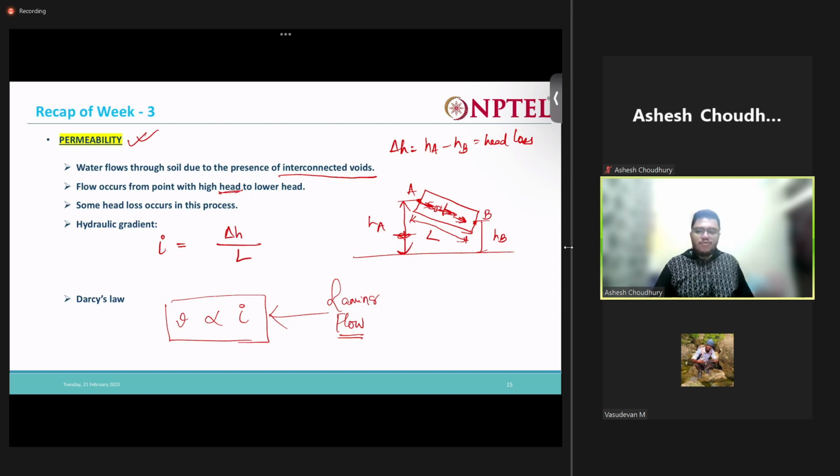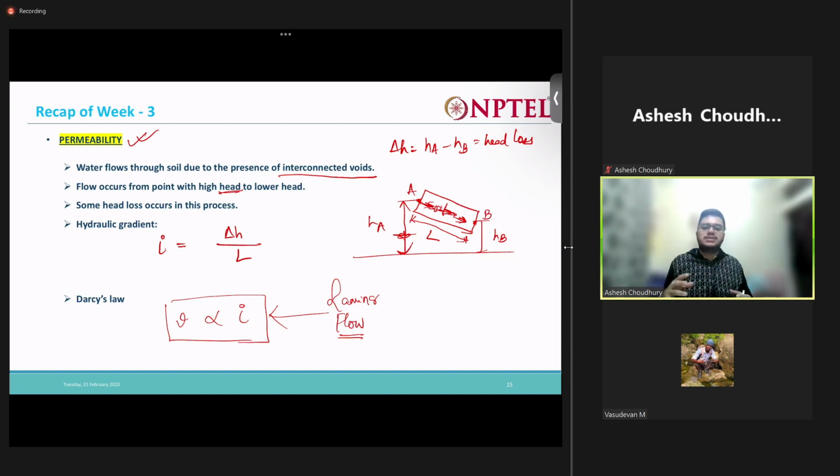Laminar flow actually means that when water or any liquid is flowing, there is no intermingling of the layers of the flow. All the layers are flowing discretely.